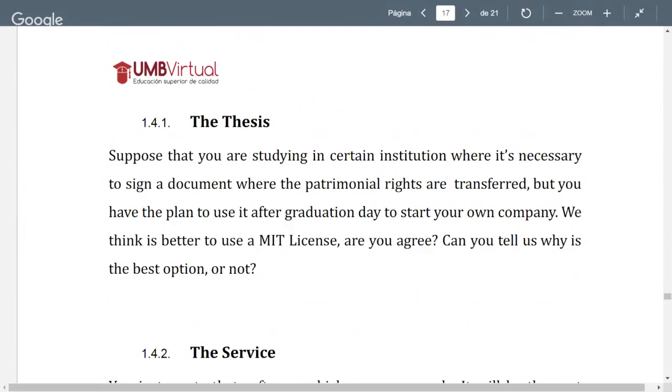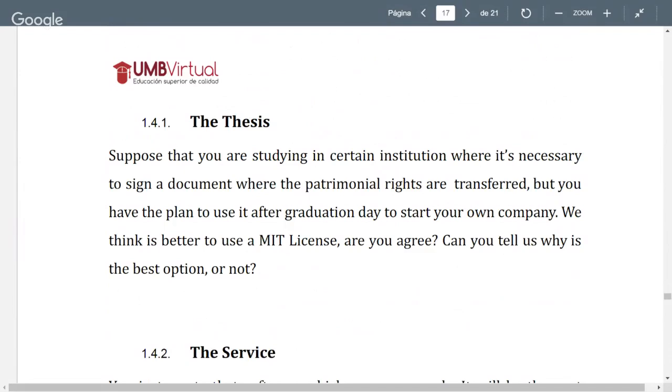So you can do a very nice thing: you follow the rules of the university, you get the grade, you get the diploma, but you also keep your rights to the software. I hope that's clear enough.